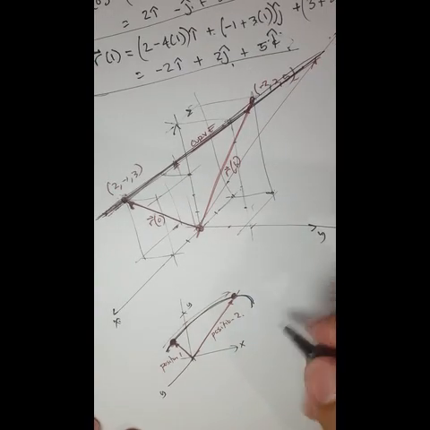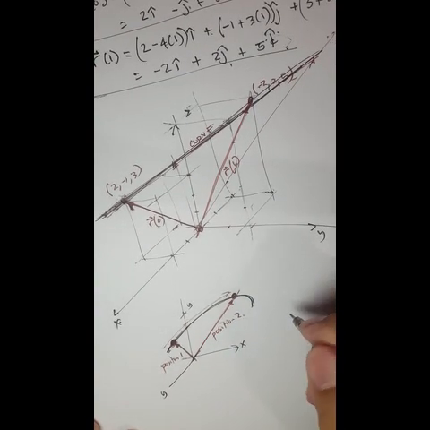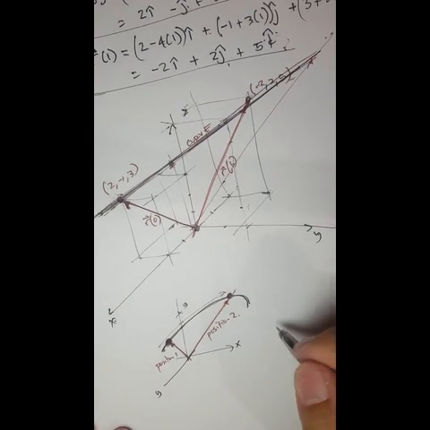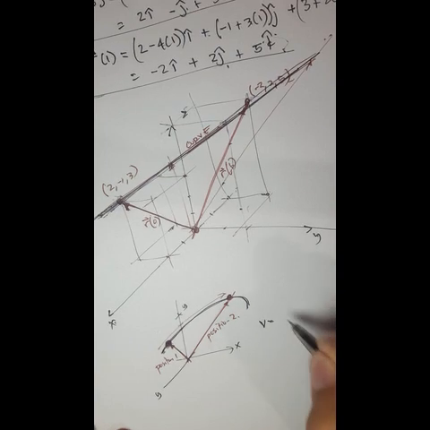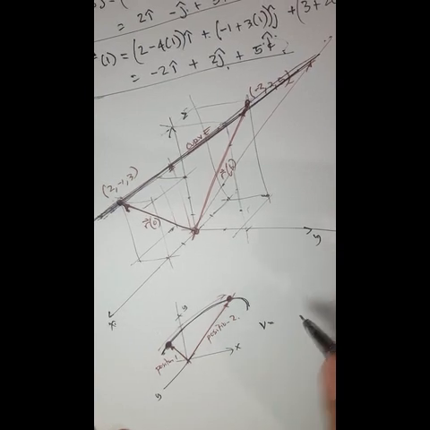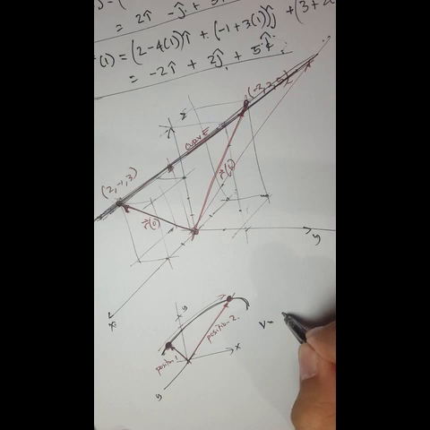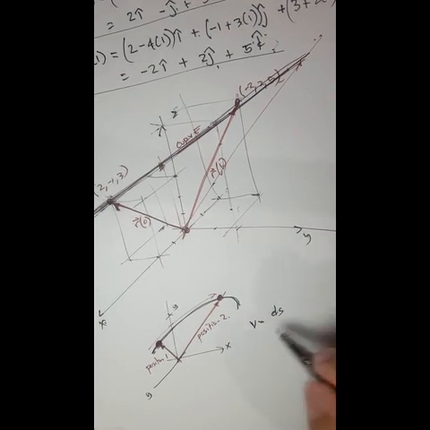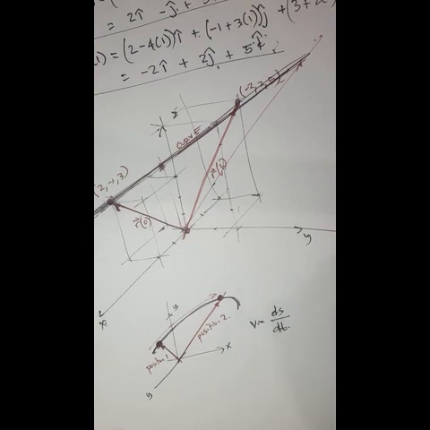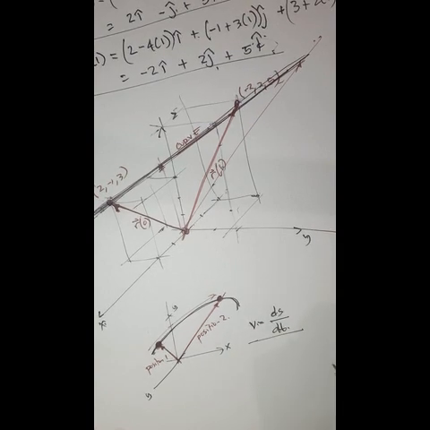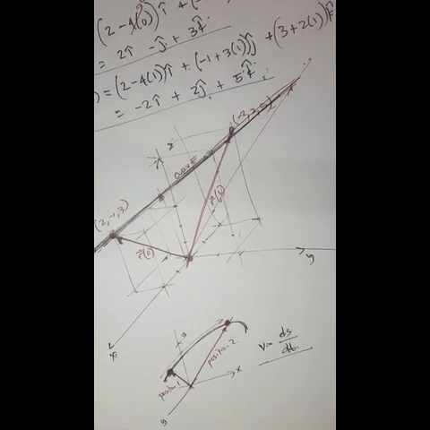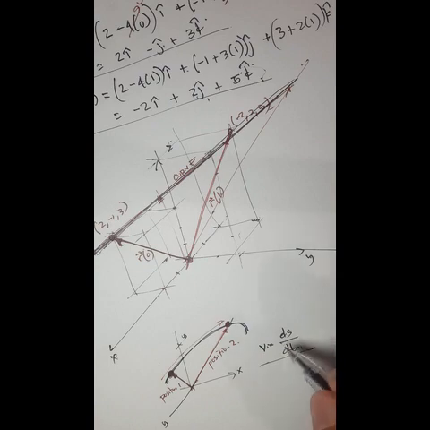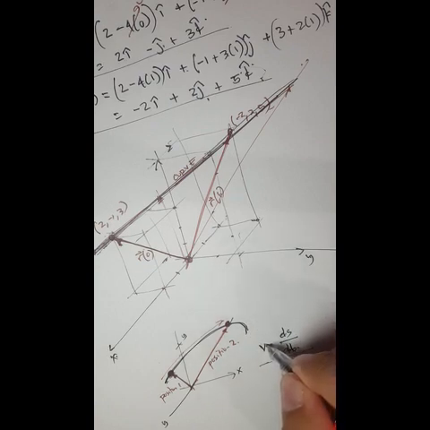Recall that if we take the derivative of position with respect to time, the term in physics is velocity. So v is equal to ds over dt, where s is the position.